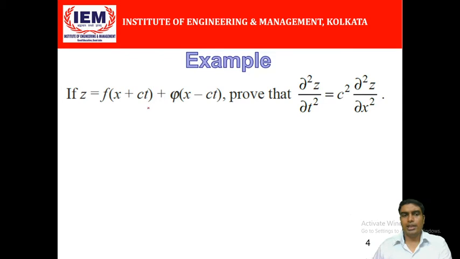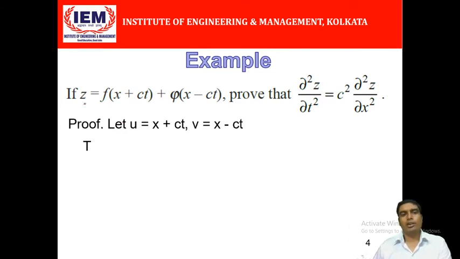Now let's say u equals x plus ct and v equals x minus ct, then z will be f of u plus phi of v, right? So z is basically a function of u and v, and u is a function of x and t, where c is a constant. Okay, c is a constant in this equation.